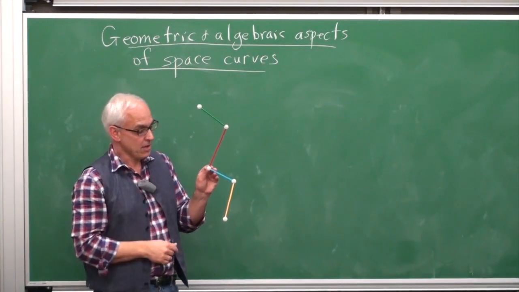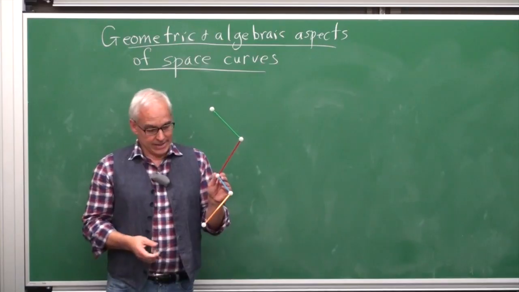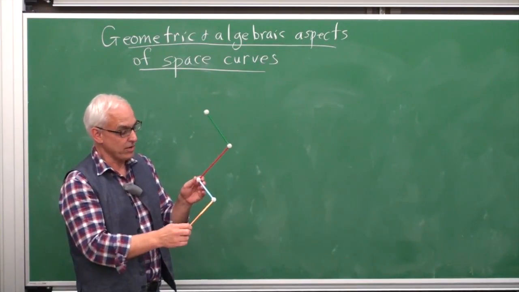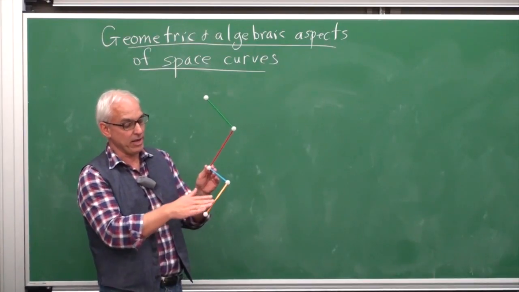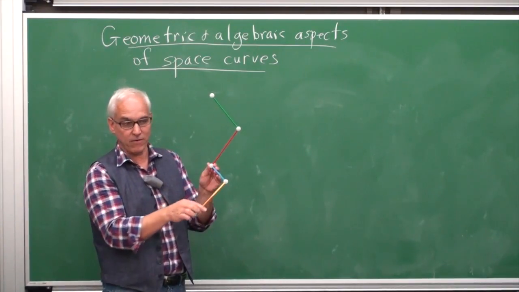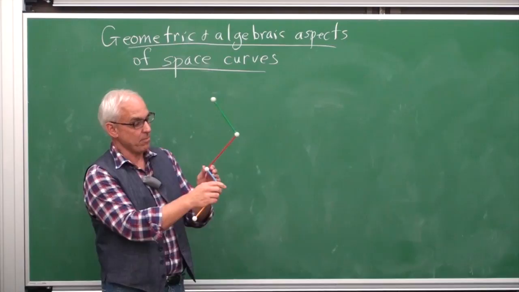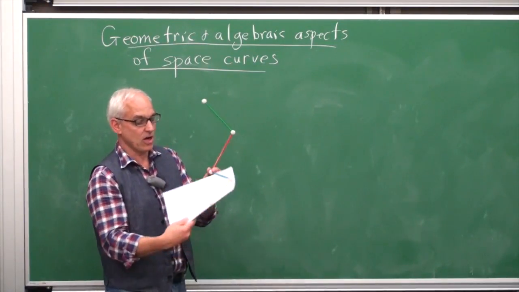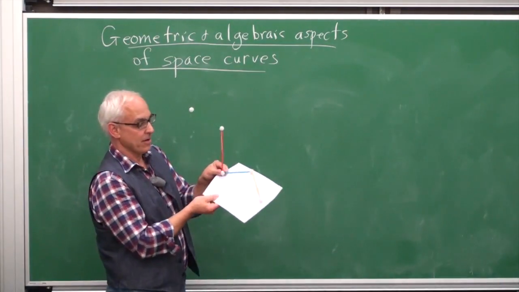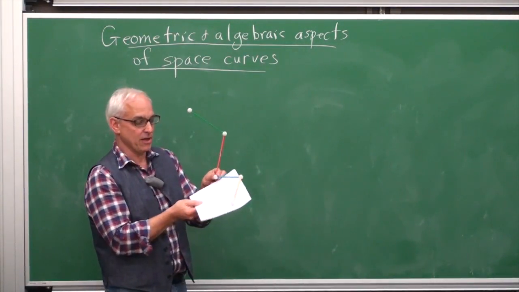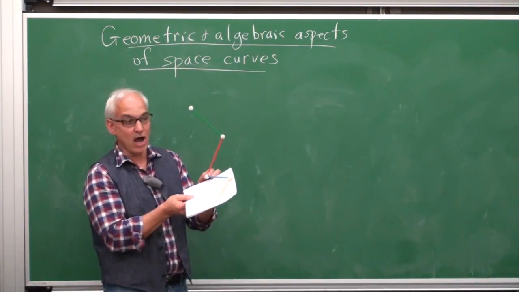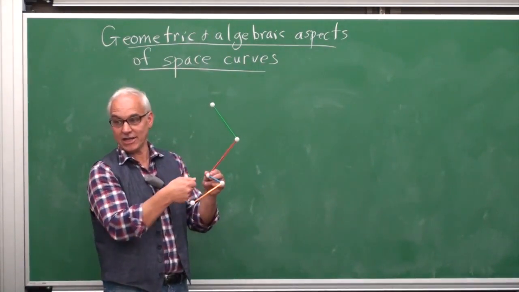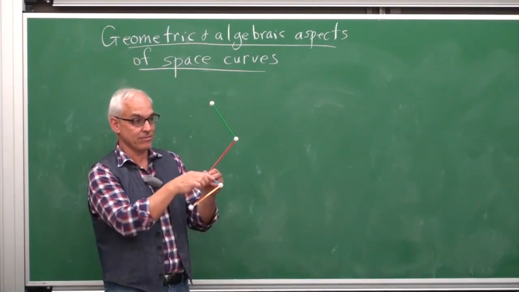The torsion, on the other hand, is a slightly higher degree concept and is concerned with the relationship between the plane formed by, say, the first triangle of points and the plane formed by the second triangle of points. So here we start with a plane that's like this. This is what we might call the osculating plane, because it's spanned by a tangent and a normal direction.